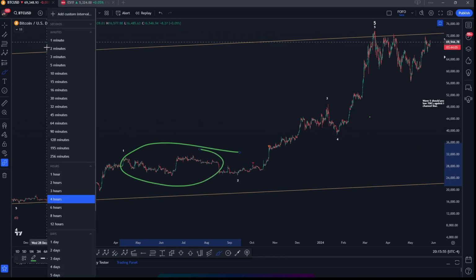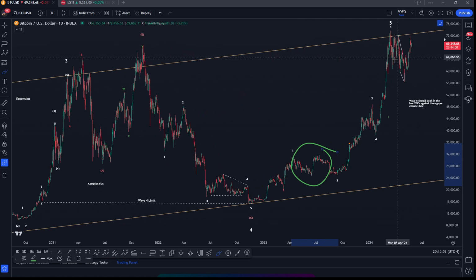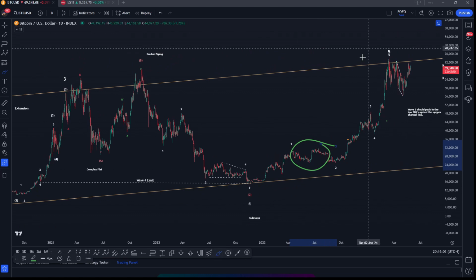Let me go to a bigger time frame so you can see it. Let's go to the daily. Okay. This is the biggest thing since this, right? So say this is all a 1, right? And not a 5 of 5 of 5 of 5, like this count suggests, right? You're not even close. Like your guideline is way down here at 40,000.